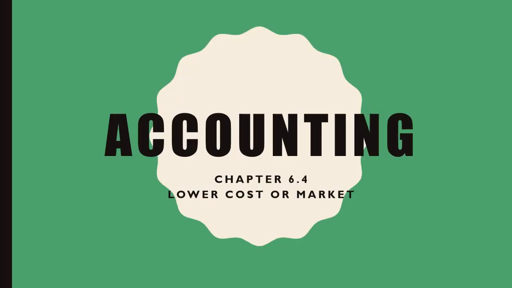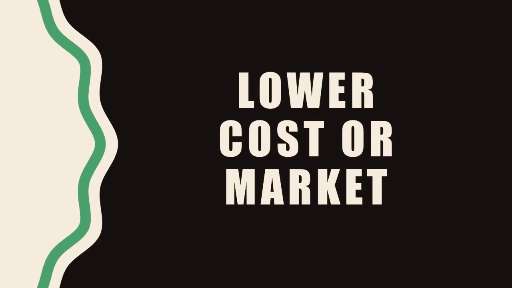All right, so the last concept of chapter 6 is going to be the lower cost or market, okay? This one is one of the rules that you can counter against when we were talking about historical cost.